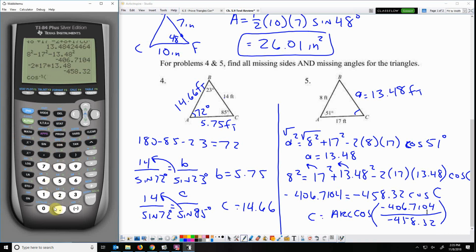So second cosine. And it is negative over negative, so I can make those positive. And I get 27.45 degrees.